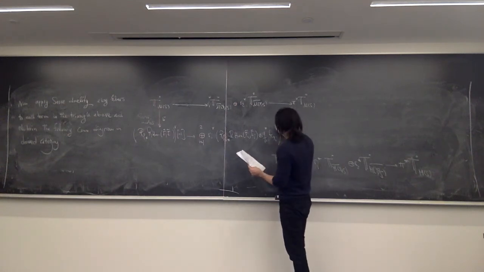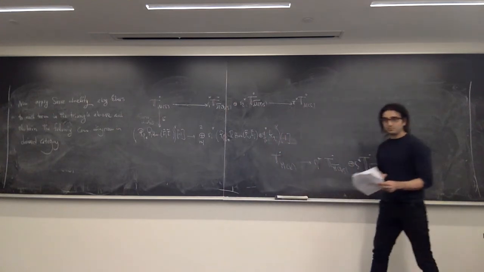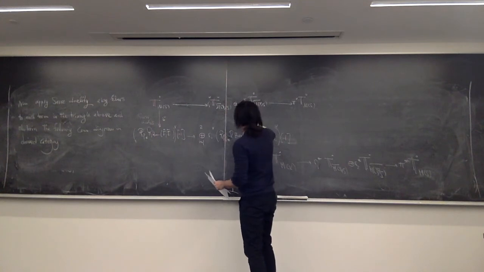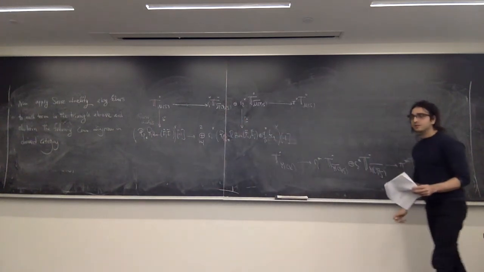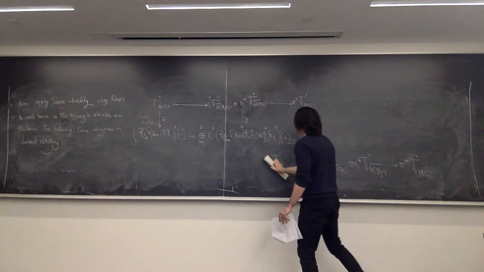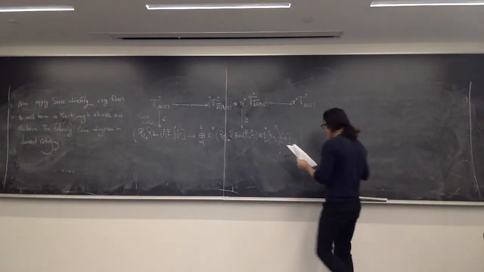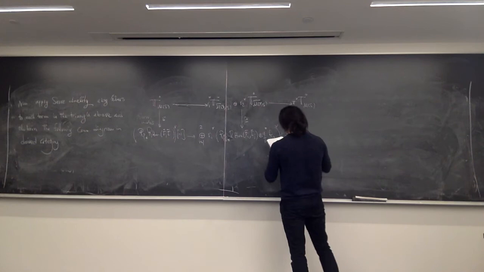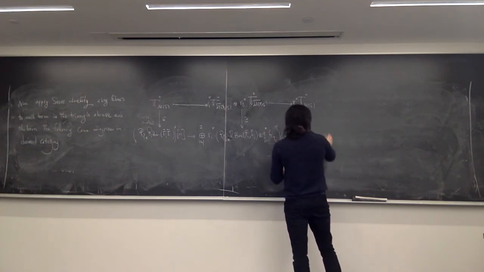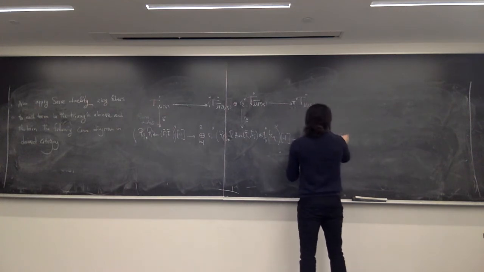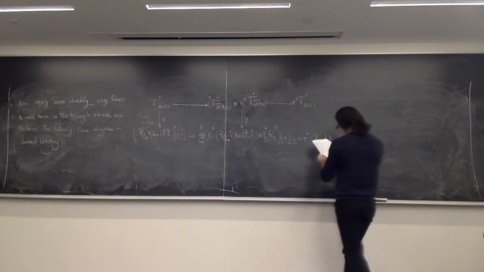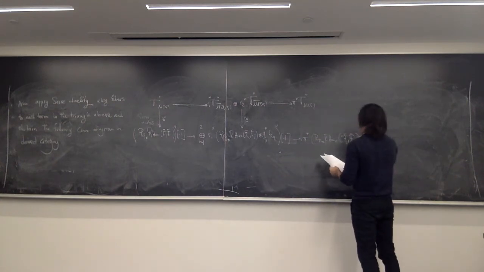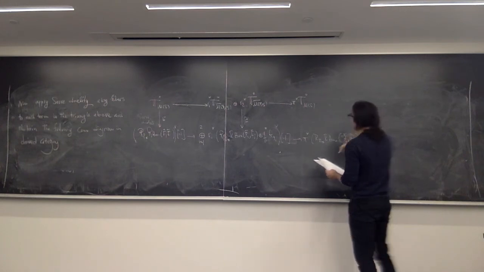Then I need to put a dual in here, and the shift by 1 becomes a -1 shift. And then the last term is i upper star of R i lower star of R Hom of F of S, again shifted by -1 and with the dual.